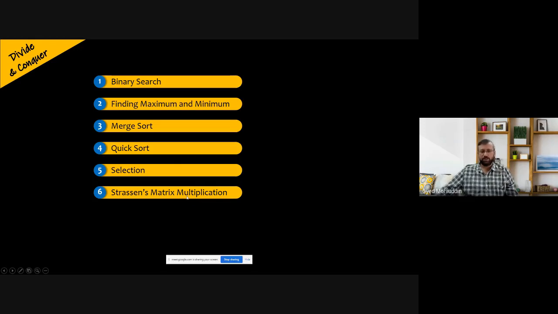Matrix multiplication you might be familiar with, which has several operations of multiplication and addition. Strassen's uses a different approach and tells us how to multiply large matrices. Then we have convex hull, one of the geometric problems that can be solved using the divide and conquer approach.